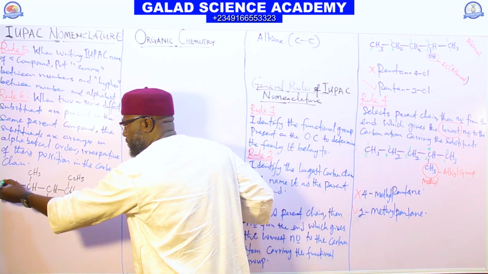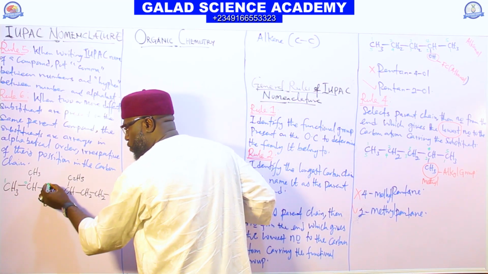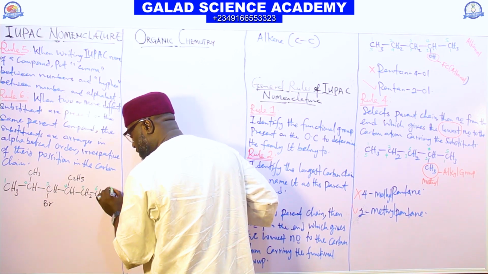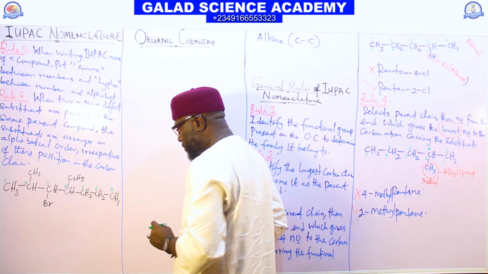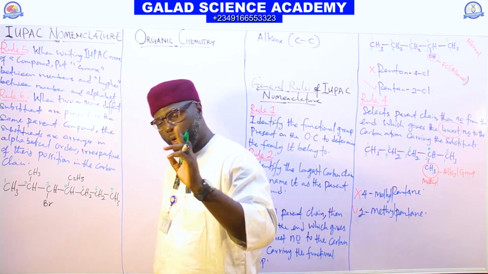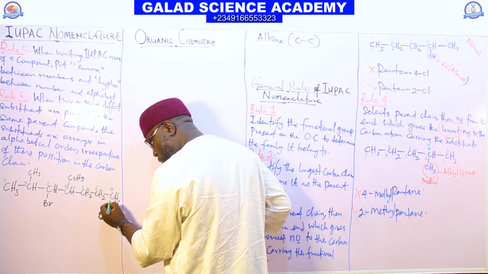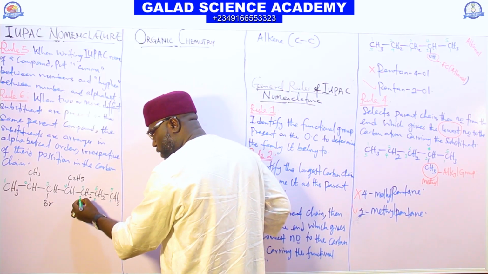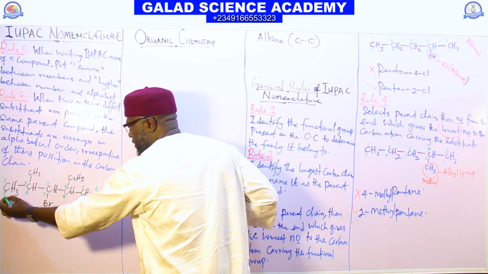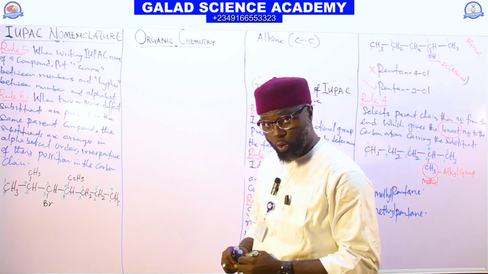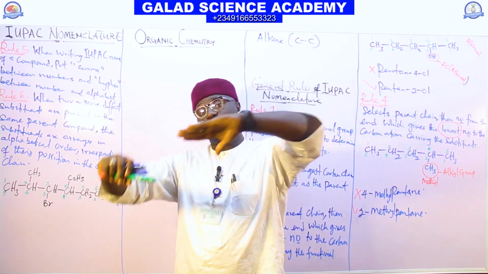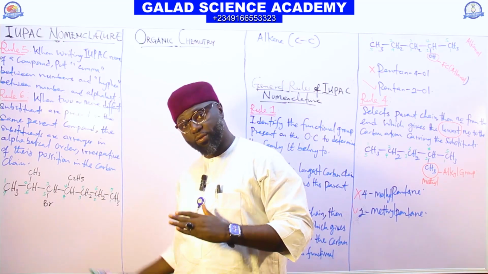If you start from here, 1, 2, 3, 4, 5, 6, 7. Our parent chain is 7. But if you start from the other side, 1, 2, 3, 4, 5, 6, 7. So on the two sides, you can see that the parent chain, which is the longest chain in the compound, is 7.